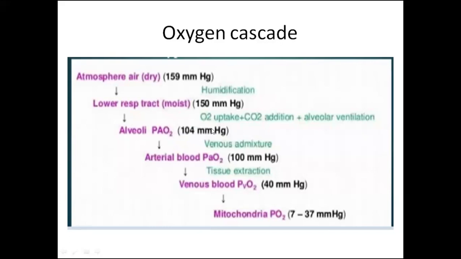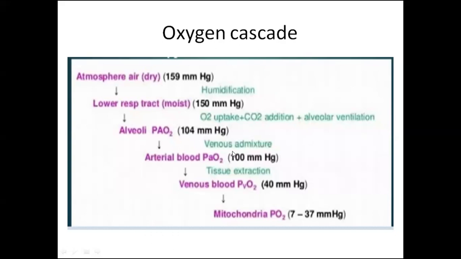So if the difference is more, what is the problem here? Say your alveolar PAO2 is 104, but arterial PaO2 is almost like 60. What is the problem we need to find out here? Diffusion.